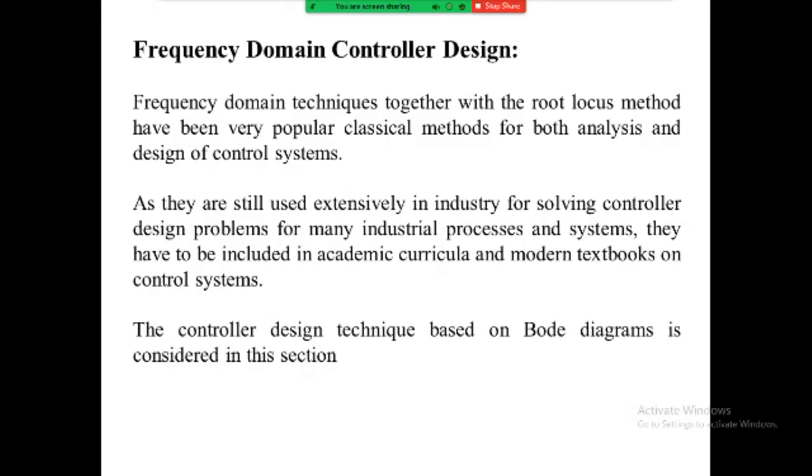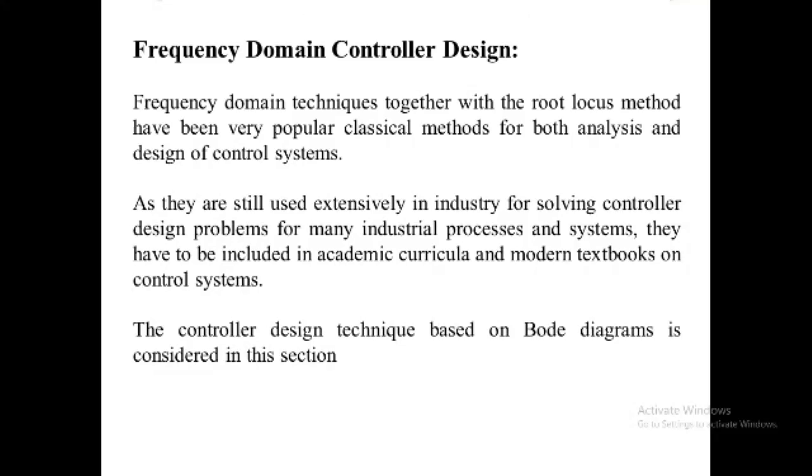This chapter is organized as follows. In this section, we study the open and closed loop frequency transfer function and identify the frequency response parameters such as system frequency, bandwidth, peak resonance and resonant frequency.